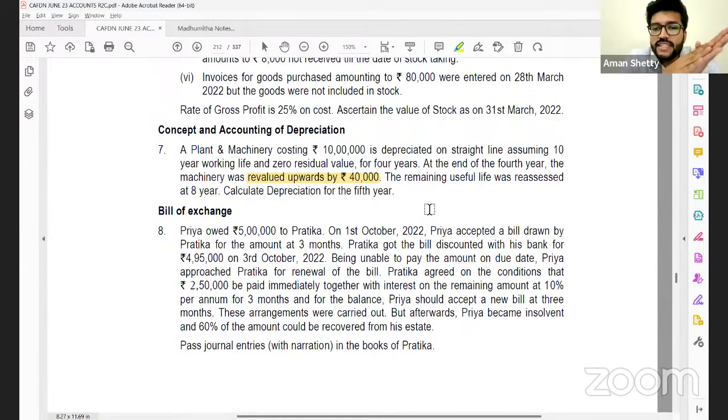Okay. So see, this is a change in what? The machinery was valued upwards, right? That means a change in estimated value, correct? Change in the value is also a change in accounting estimate. So the effect should be given prospectively. Whatever has happened till now, you forget. Henceforth, we give a prospective effect.